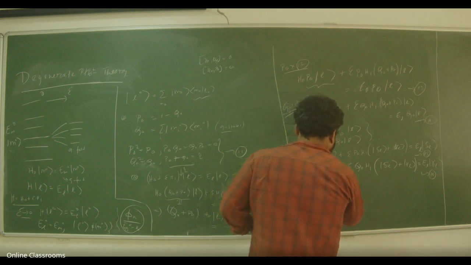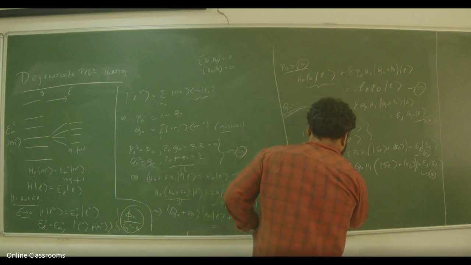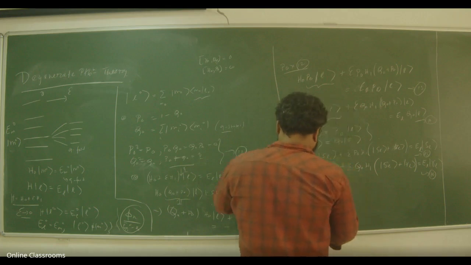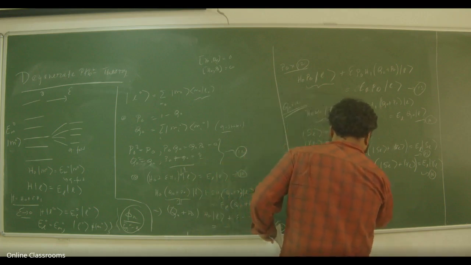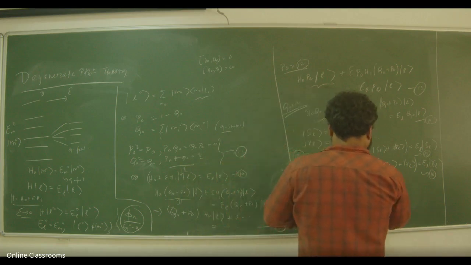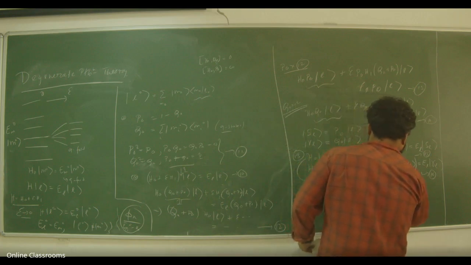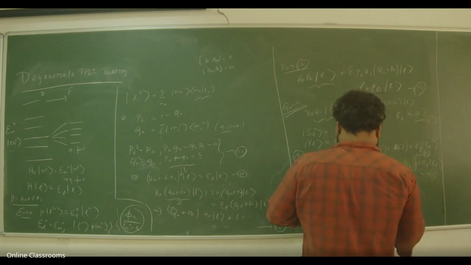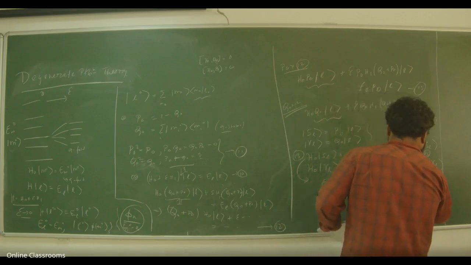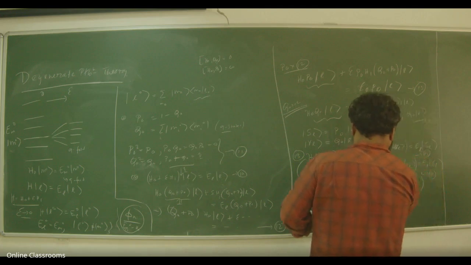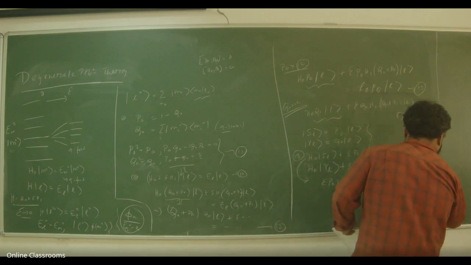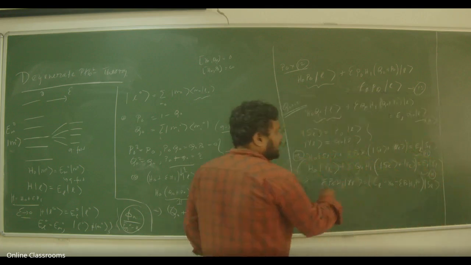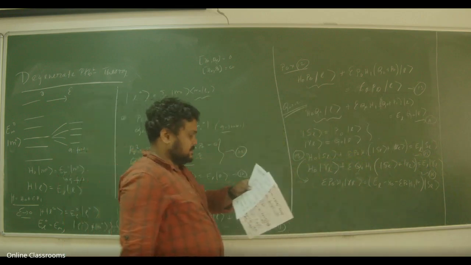So I get epsilon P0 H1 RL equals EL minus H0 minus epsilon P0 H1 P0 acting on SL. I just took the SL and RL and separated them into two sides.